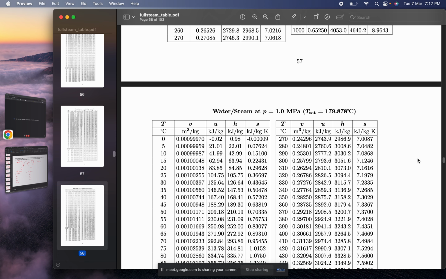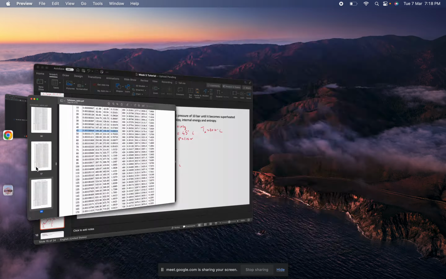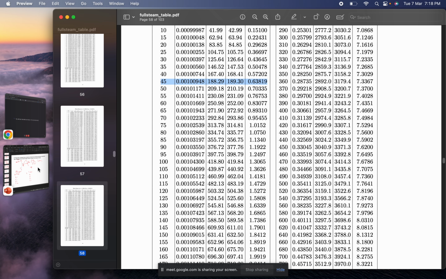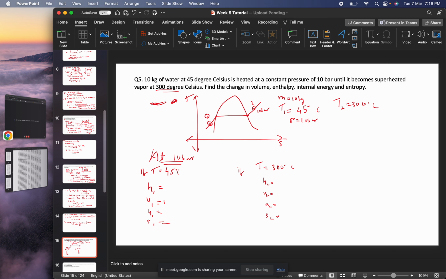Okay, so that is your 1 megapascal, and in this 1 megapascal, now you need to first of all see the values at 45 degrees Celsius, okay. So V1 is your 0.00100 meter cube per kg, okay.